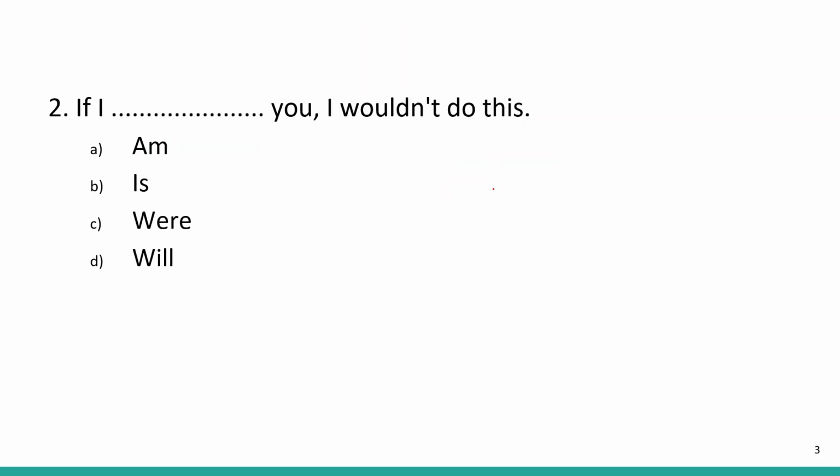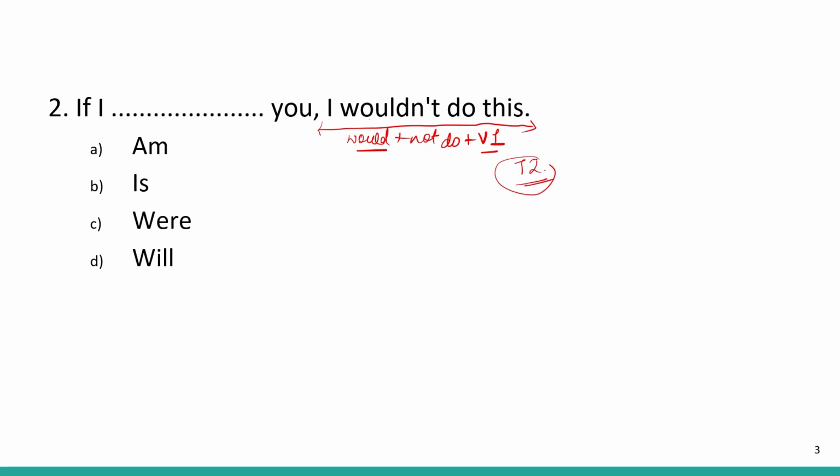Now let us move to the next question. If I dash you, I would not do this. So we have the second or the main clause given in the sentence, that is I would not do. It means would plus not plus do plus verb first form. So would plus verb first form states that this is type 2 condition again.